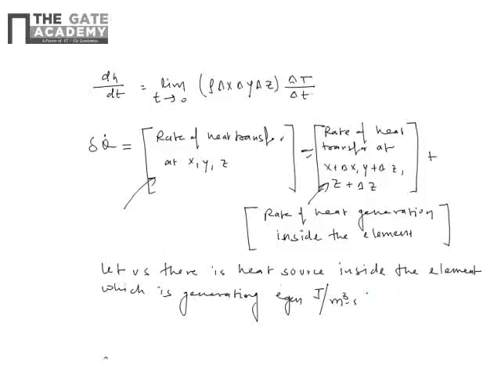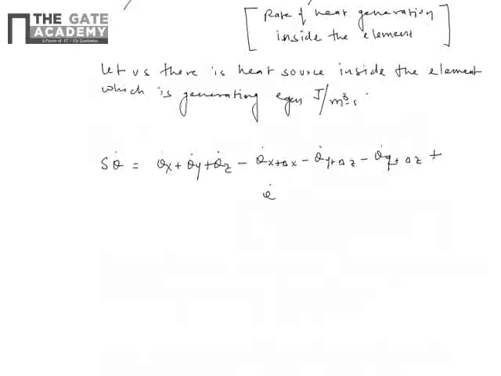So delta Q dot can be written as Q dot x plus Q dot y plus Q dot z minus Q dot x plus delta x, Q dot y plus delta y, Q dot z plus delta z, plus E dot gen times delta x delta y delta z.